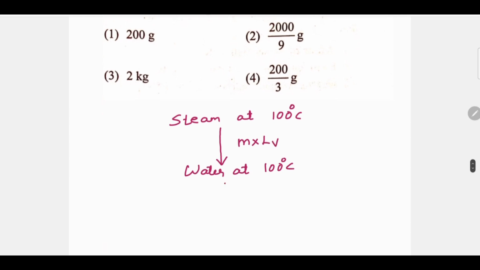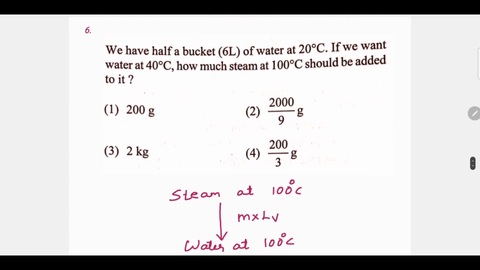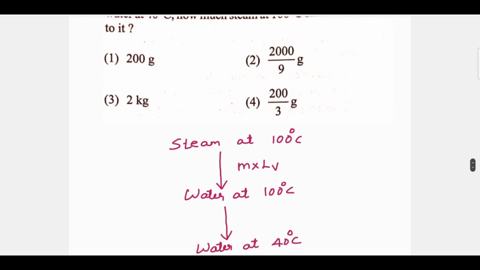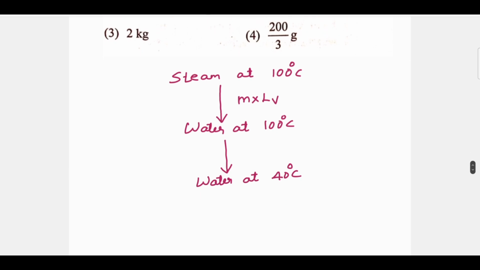Now water at 100 degrees Celsius will become water at 40 degrees Celsius. Now at the same time, 6 liter of water at 20 degrees Celsius will also become water at 40 degrees Celsius. So we can think like this: 6 liter of water at 20 degrees Celsius will absorb this heat.